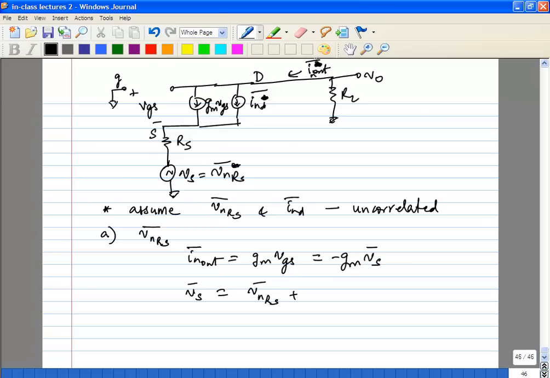It's the same as In,out. Okay, so these are the two equations, and then you get this, right? Now you can get In,out in terms of Vn,Rs.